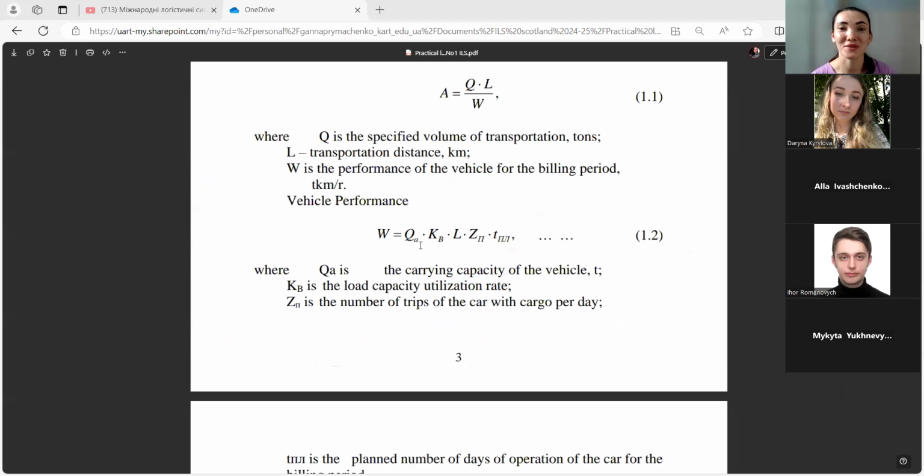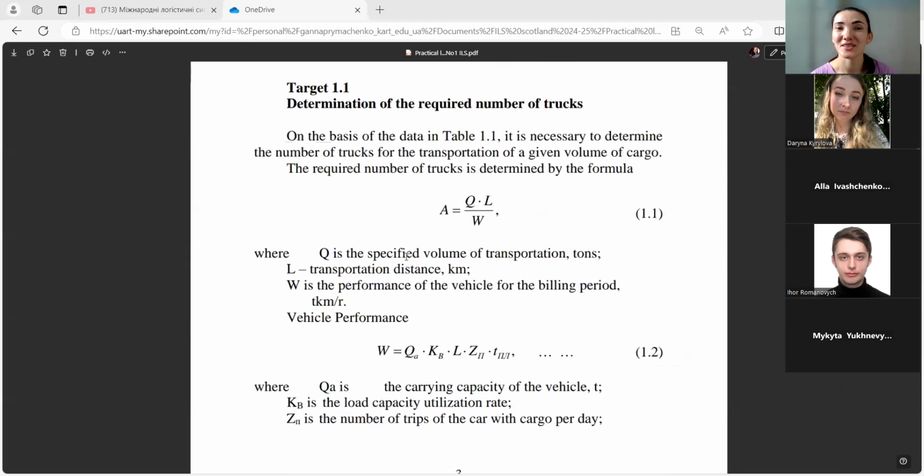You're very, very careful. It is in our year specified volume of transportations in all year. Yes, it is very good works your groups because in other groups sometimes we redecided it because students not very carefully.